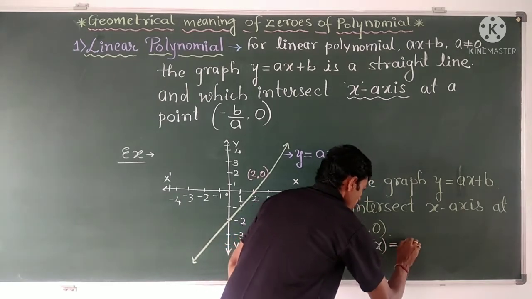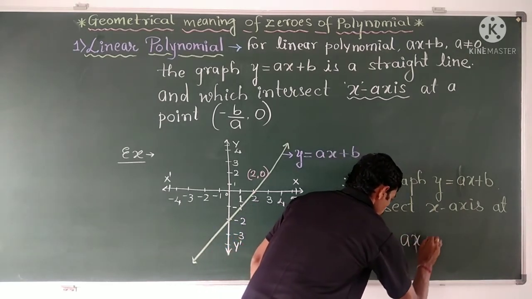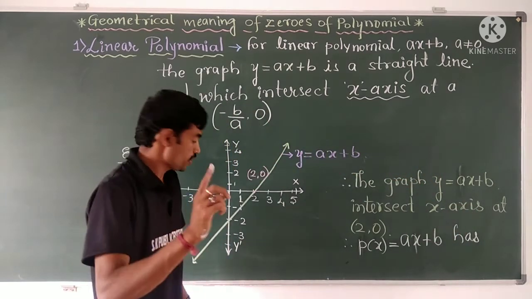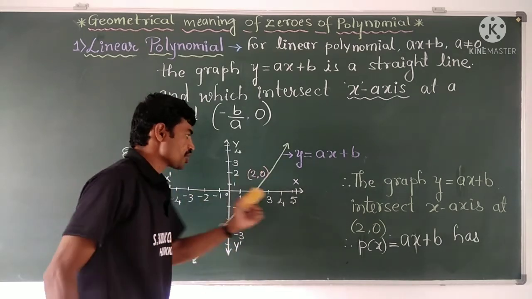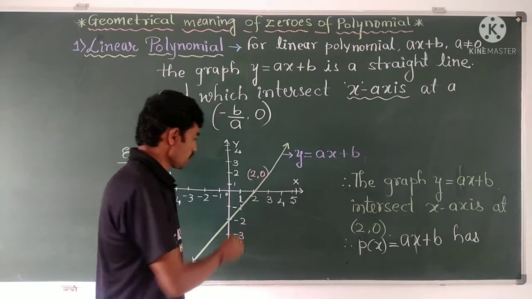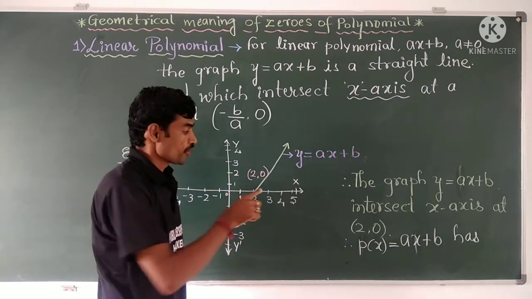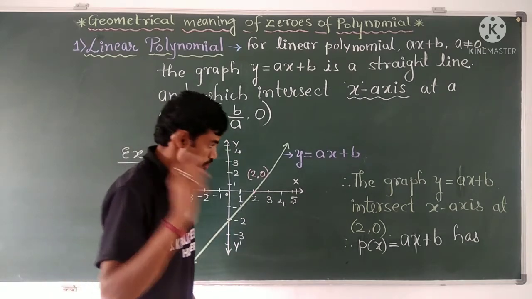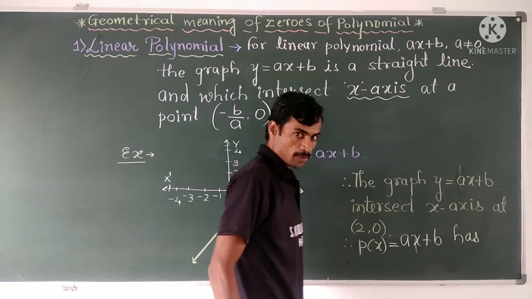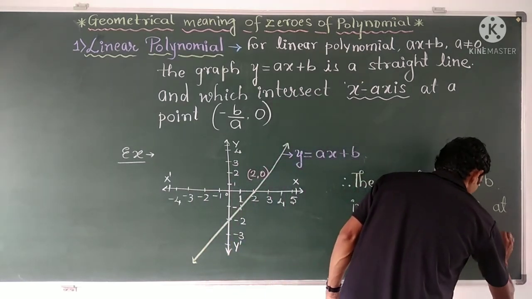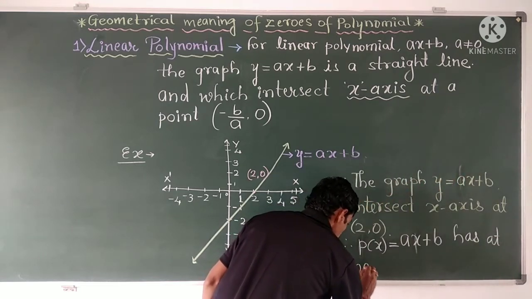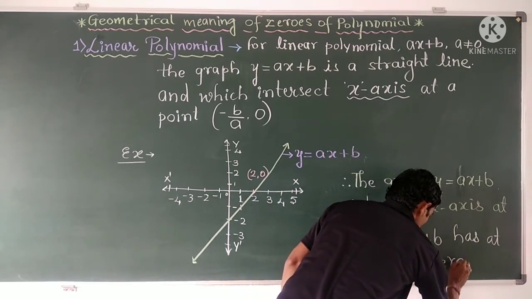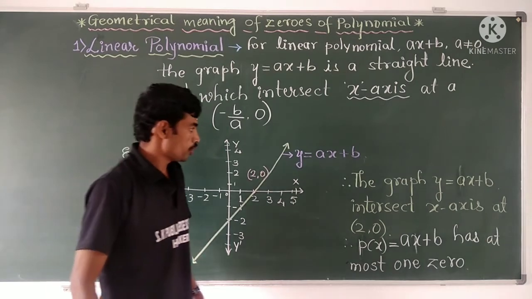Therefore, p of x equal to ax plus b has at most how many zeros? Only one zero, because it intersects at only one point. Therefore, the graph of this linear polynomial has at most one zero. Clear? Have you all understood this?